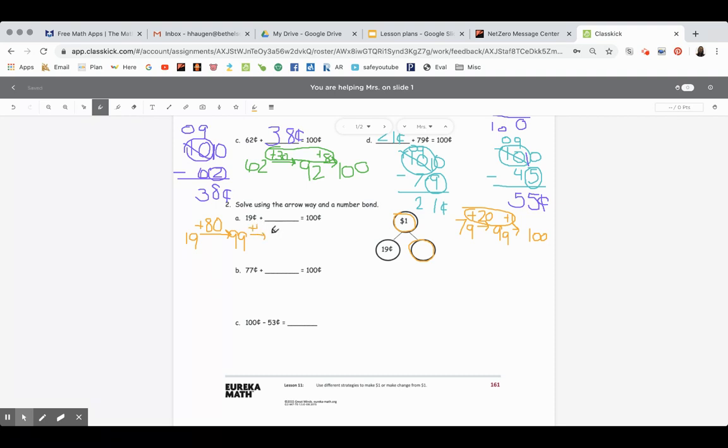So to find my final answer to go in the blank, I need to add the numbers at the top here. An 80 plus 1 is 81. So 19 cents plus 81 got me to 100. And to check that, I could write down 19 plus 81 and add it to be sure I'm correct.